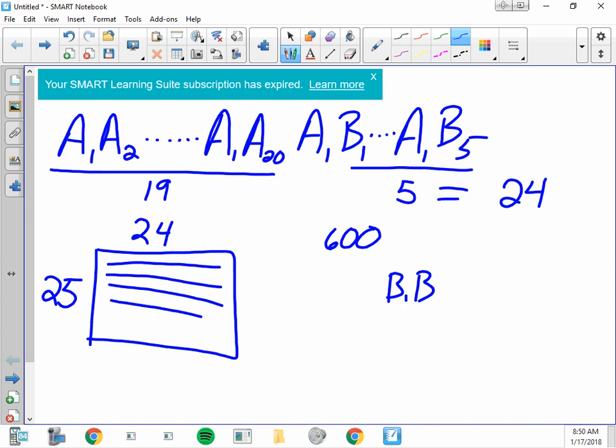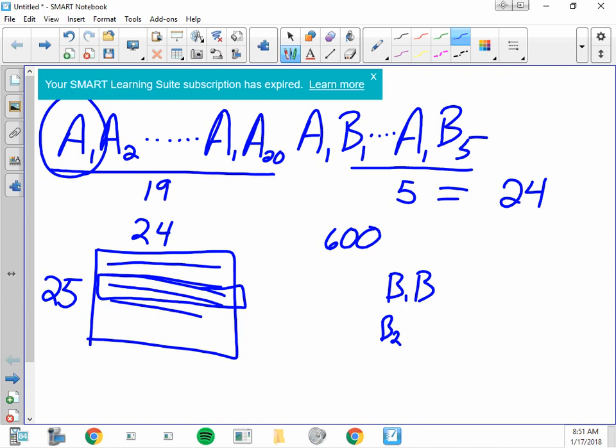So A1 only is in the first place for one row, right? So B1 is just one of these rows, right? Okay. What about starting with B2? There's one row. So we actually have 5 rows that start with B.